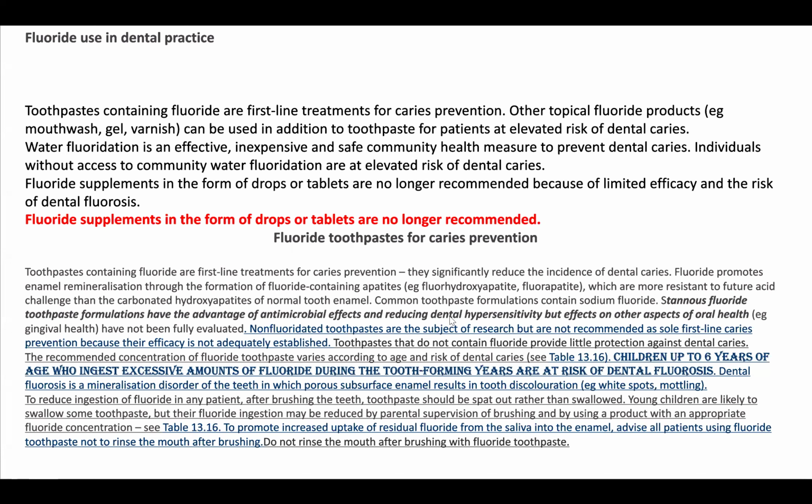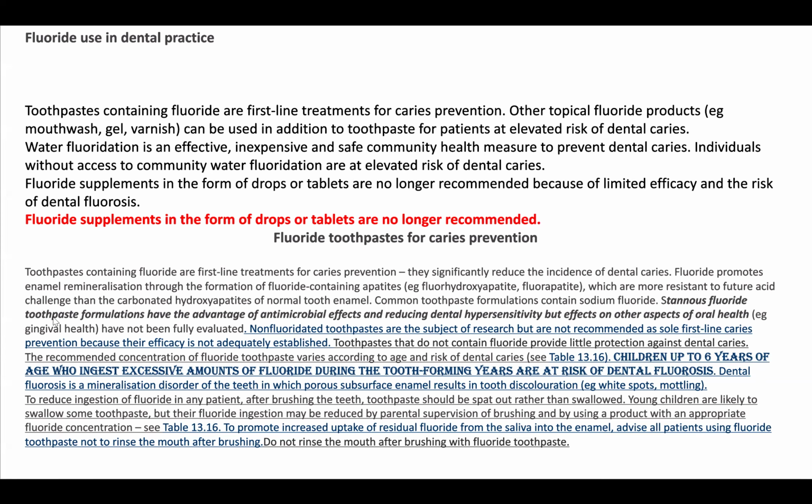Most of the common toothpastes contain sodium fluoride, but if they ask you in the questions which element is responsible for desensitization, or if a patient has sensitivity, which is the element in the toothpaste which is important to combat that, then it's stannous fluoride, not sodium fluoride.